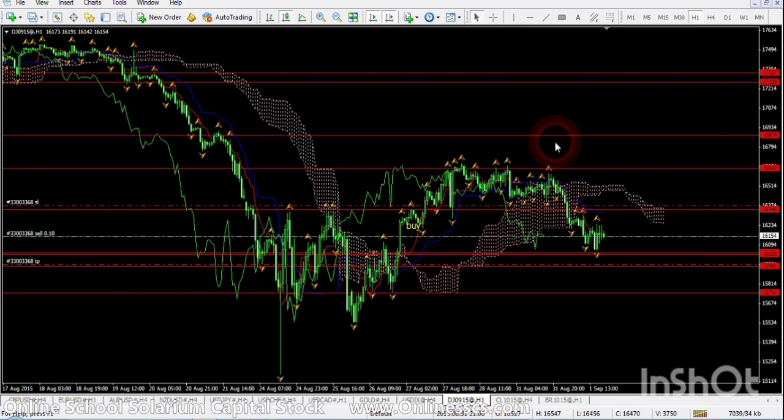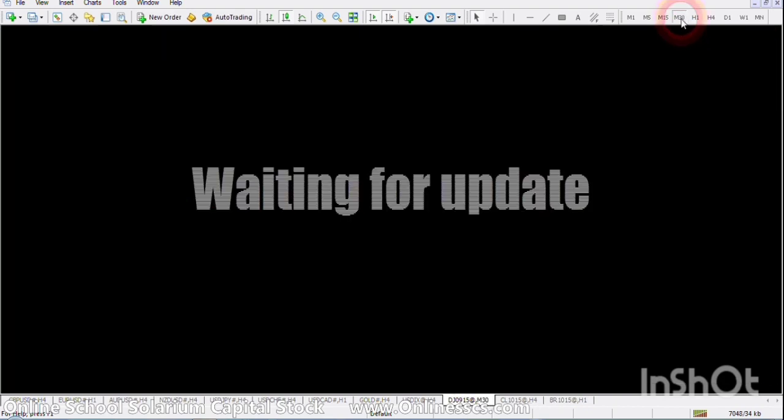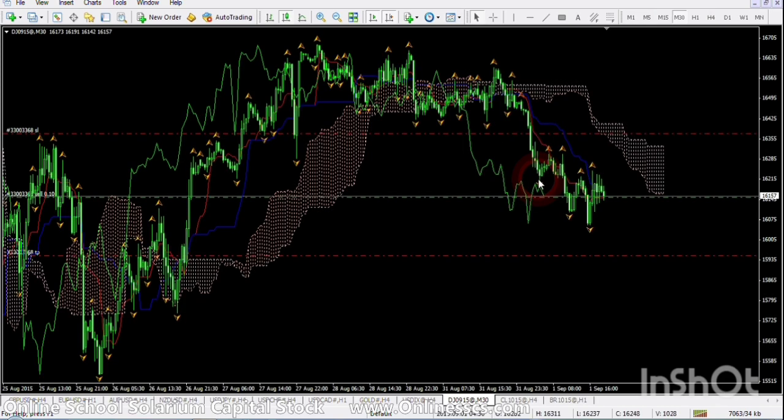Okay. Now we go to another chart. But this Ichimoku indicator should have its own analysis in each time frame. If it's H4, we do it according to H4; if it's daily, we do it by the daily. And we go to the half an hour.